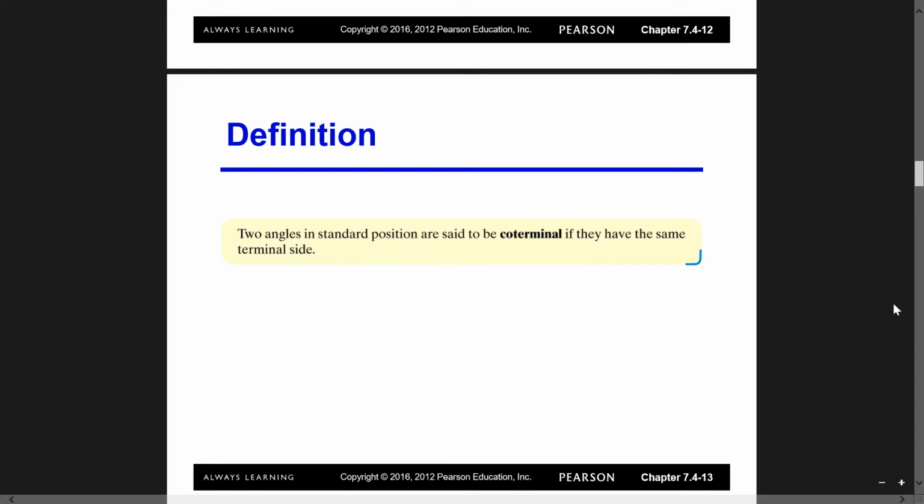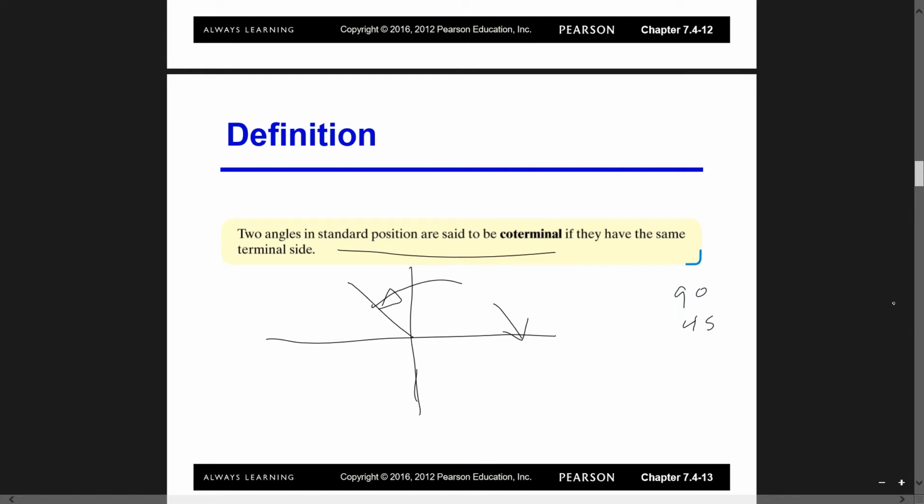Two angles in standard position are said to be coterminal if they have the same terminal side. So, let's look at this. This angle is 90 and 45, which is 135 degrees. And this is, say, theta 1.